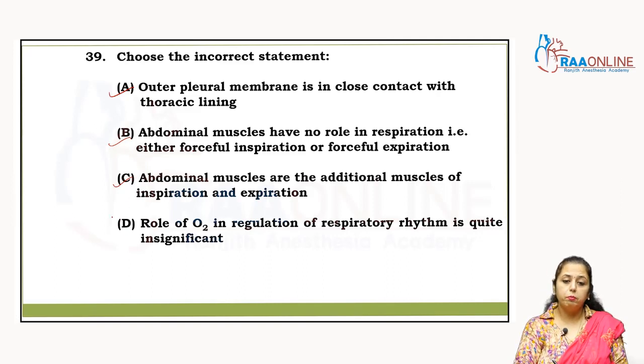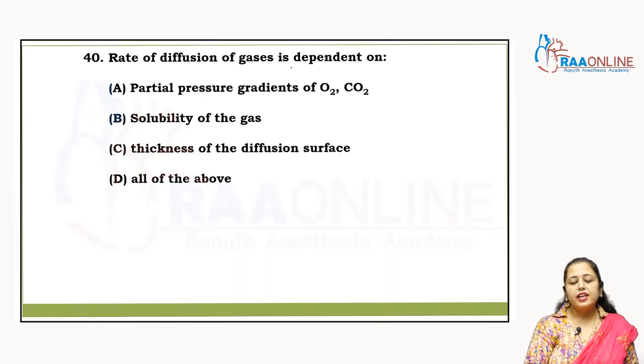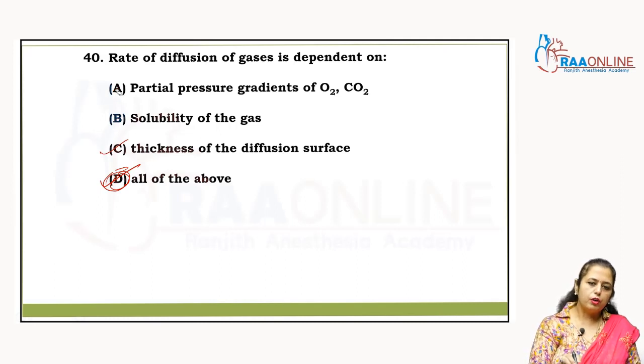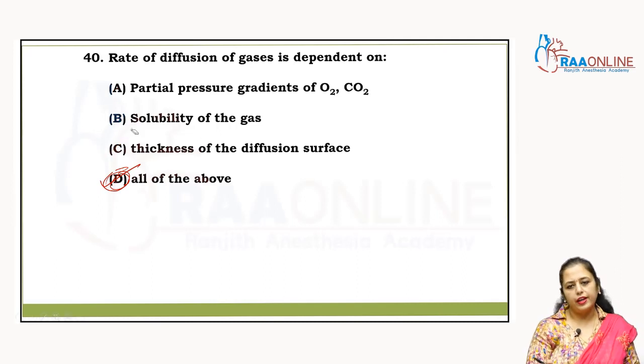No, it's very important, so this is wrong. So the answer is D. Rate of diffusion of gases depends upon partial pressure gradients of oxygen and carbon dioxide, correct. Solubility of gases, correct. All these are the lines of the exact NCERT. Thickness of the diffusion membrane, exactly. So all statements are correct, and the answer is D, all of the above. Clear?